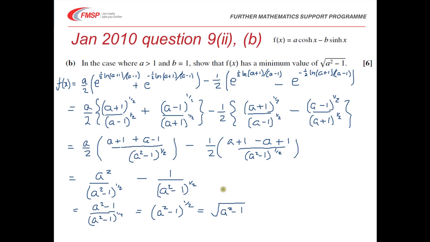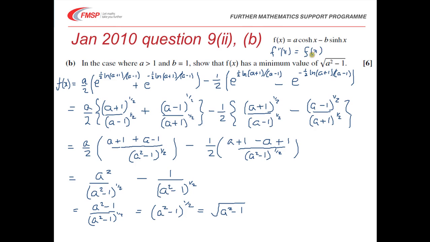Now the last part of the question is important, but if we just go up and have a look at our function here, if we differentiate it twice to find the second derivative, then the second derivative is actually just going to be the same as the function itself.